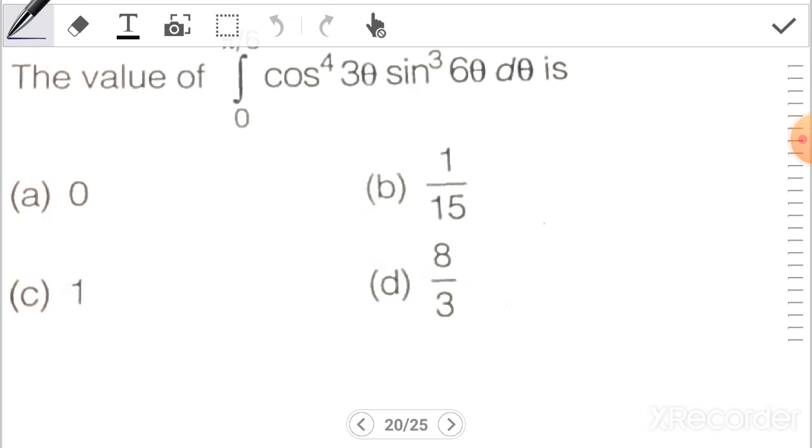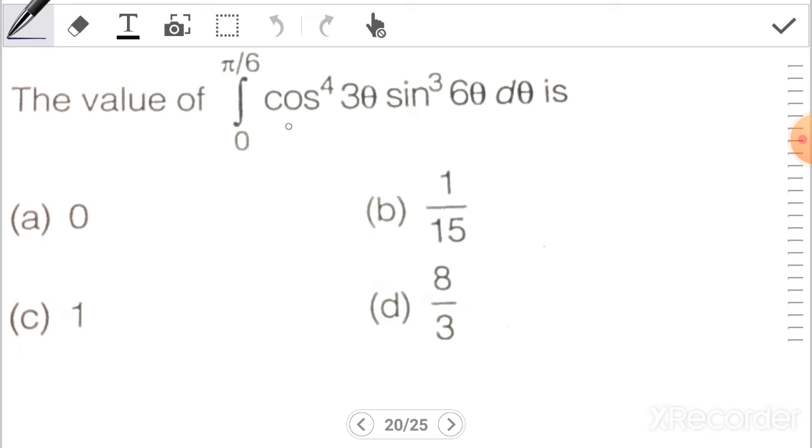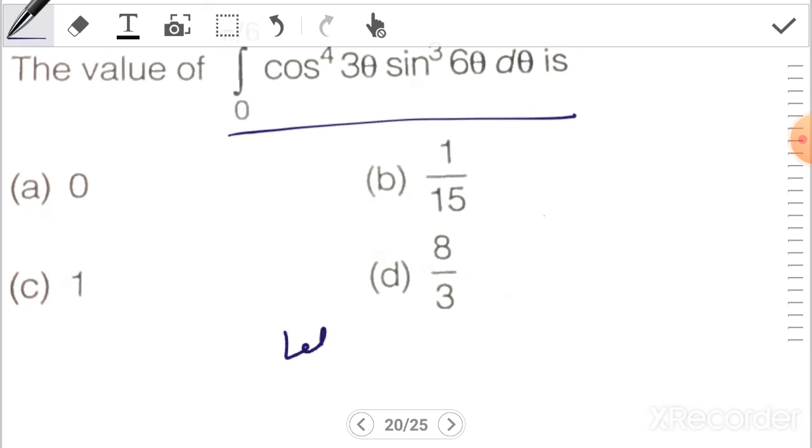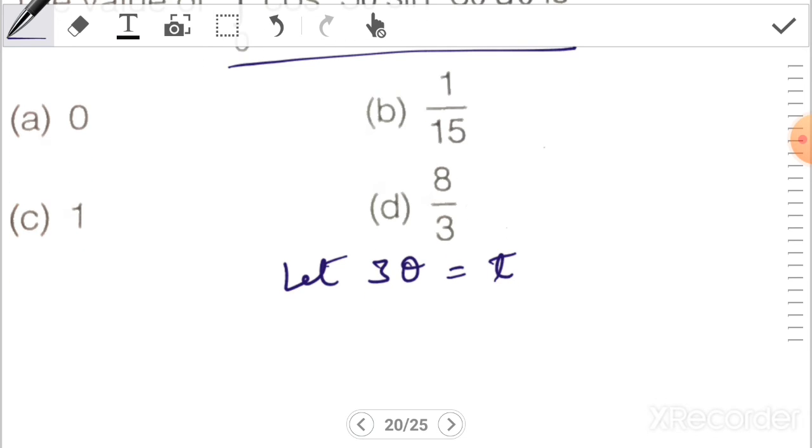The value of the integral of cos 4 3 theta and sin cube 6 theta is. Let 3 theta be equal to t. Now 3 times d theta is equal to dt.